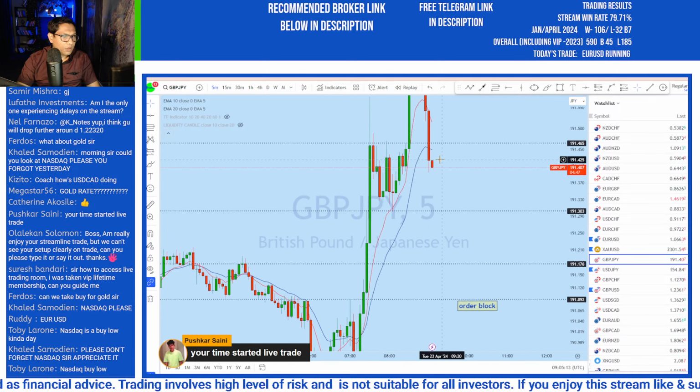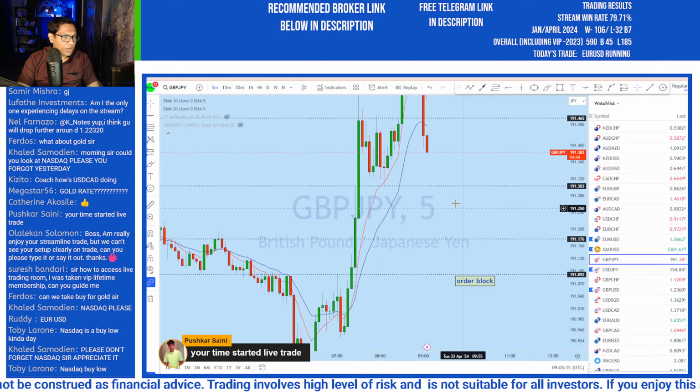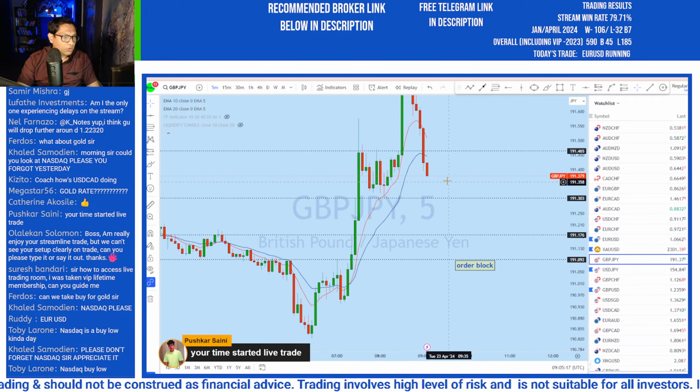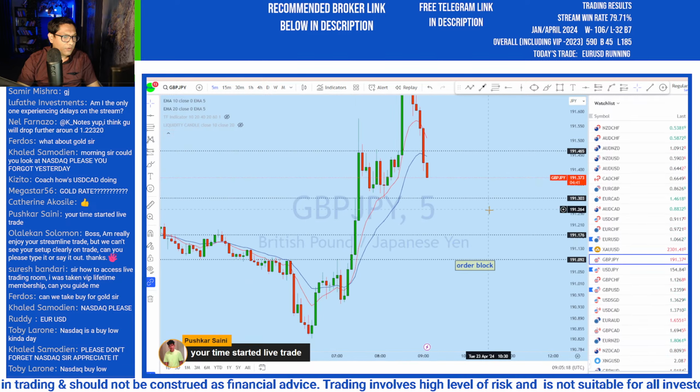Okay, we're expecting the price to break first. Yeah, we see that break, and with that breakdown, GJ is coming back below this.